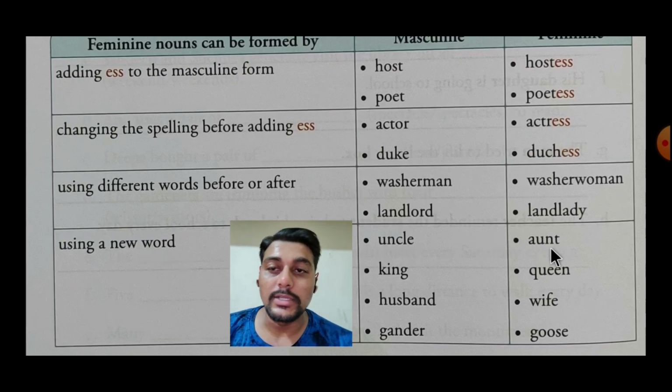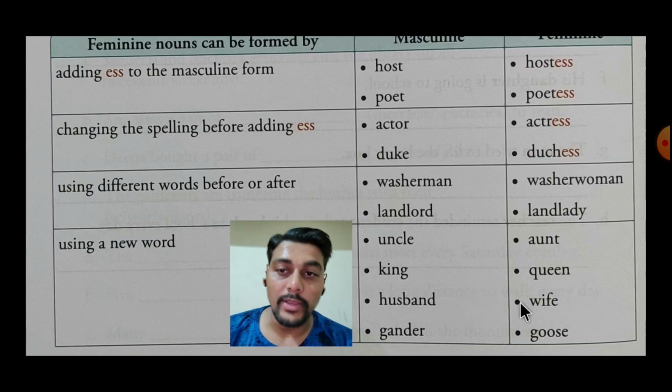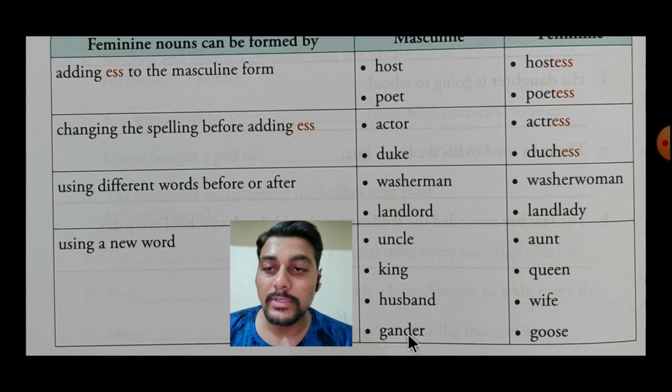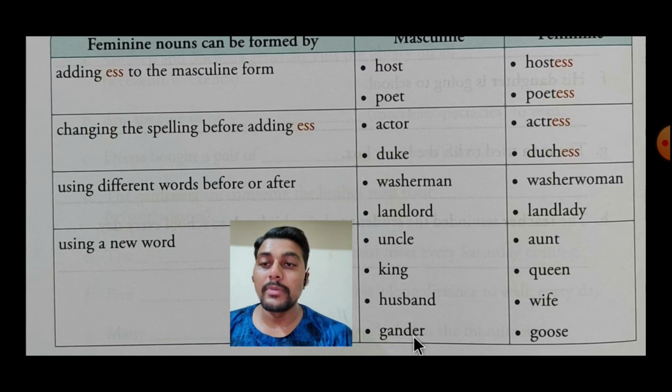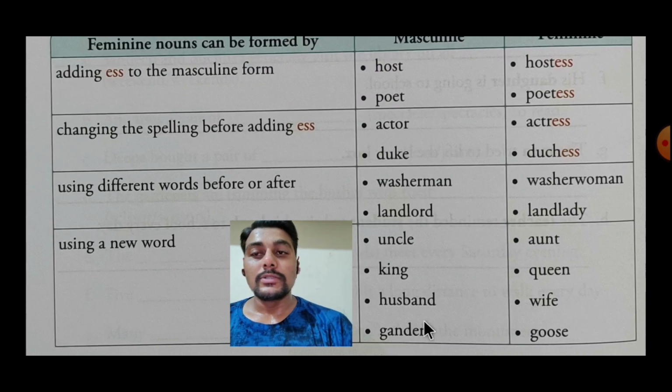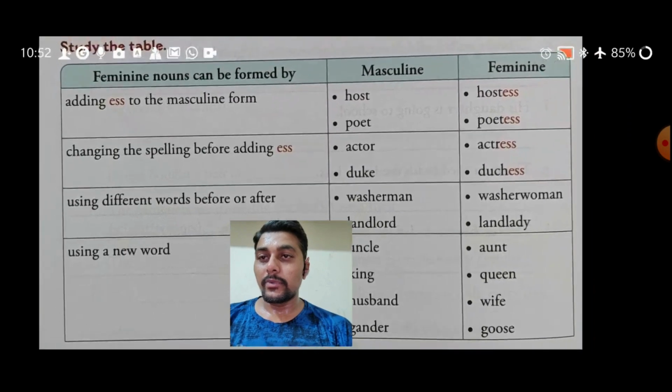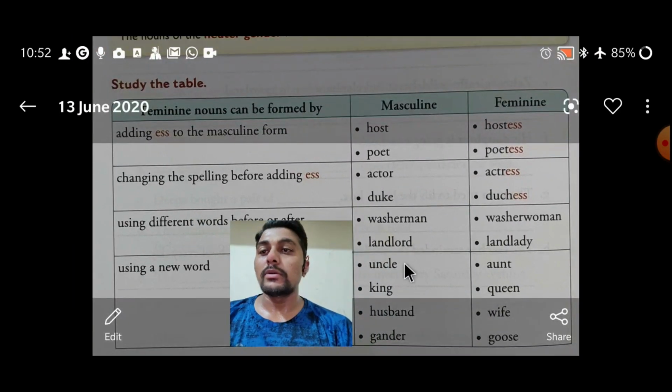Uncle becomes aunt, king becomes queen, husband becomes wife and gander becomes goose. This is the male bird, and this is the female bird. Okay, so these are the rules.